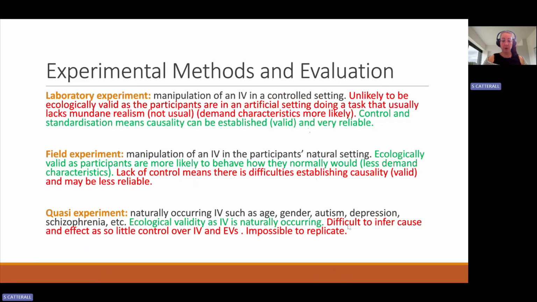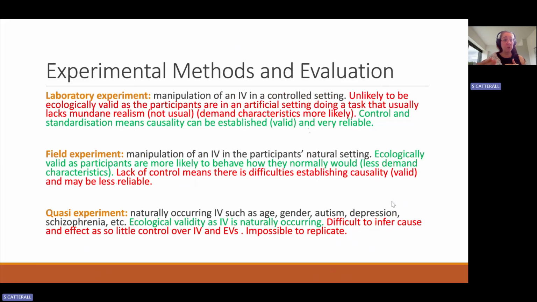Whereas with a quasi, it's again ecologically valid because the IV is naturally occurring, it is their natural behaviour. If you think about Piaget with the different age children, well, it is their natural ability to conserve. You can't do anything about that. So it's accurate about how they would behave. So it's valid. But it's difficult to infer cause and effect because you don't know what other EVs there are. Say for example, it's on autism or depression.